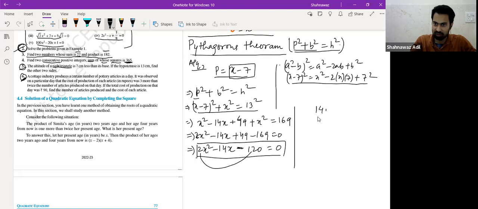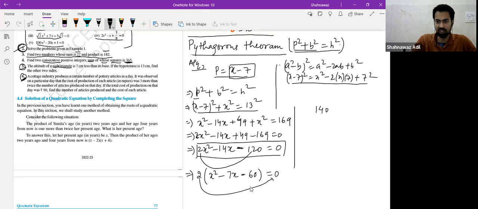Or we can take 2 common. So 2 times x squared minus 7x minus 60. We can do that to make it simpler. Then 2 would go to this side, and now this is simpler.